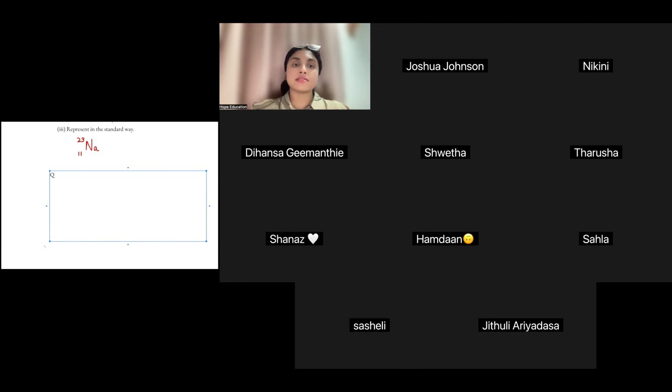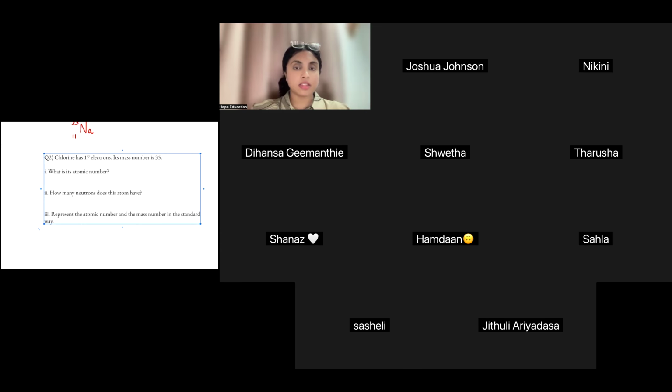Now try doing this. Now this may be slightly difficult, but always keep in mind what the atomic number is and what the mass number is. Quickly write this.